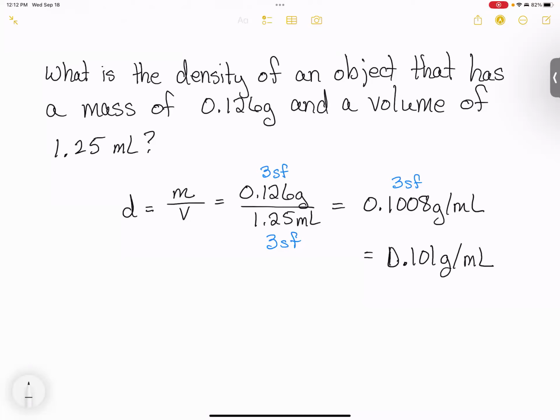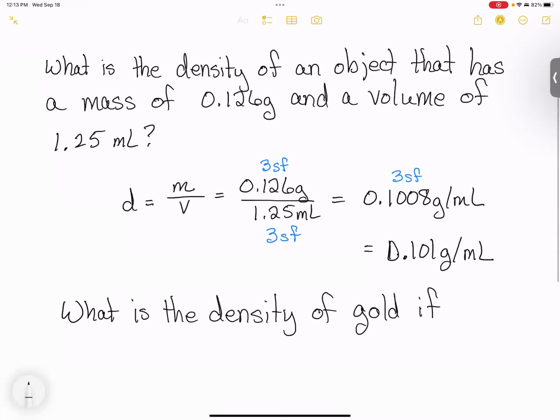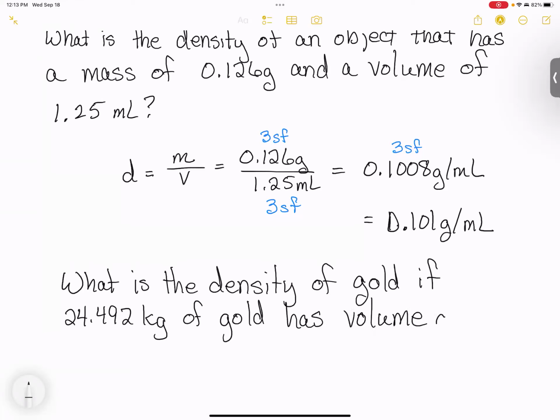How about this one? What is the density of gold if 24.492 kilograms of gold has a volume of 1.256 liters?